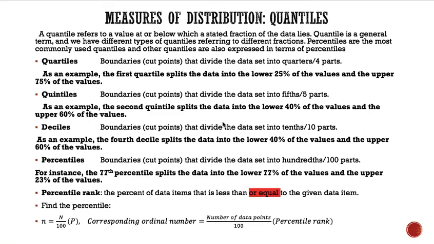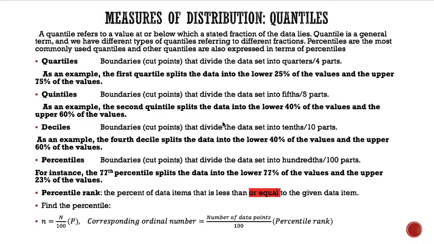Another way to measure distribution is quantiles. Quantiles are the boundaries or cutting points which divide a dataset into equally small parts.